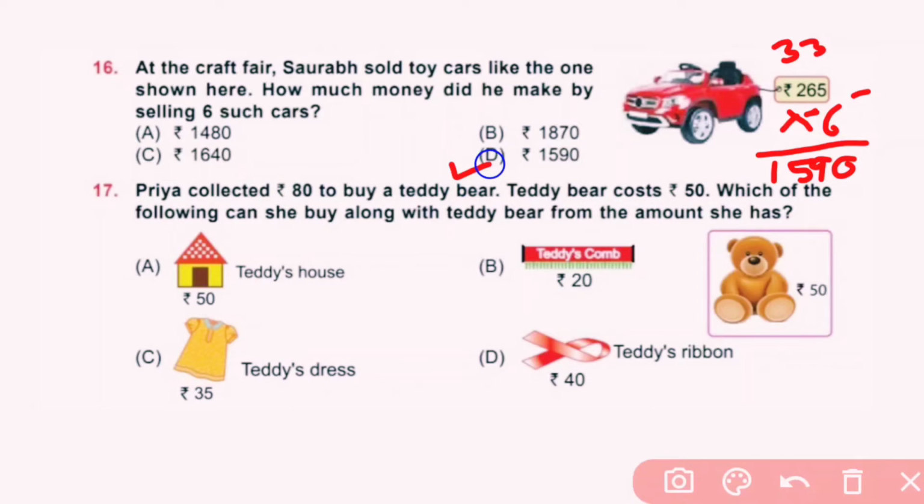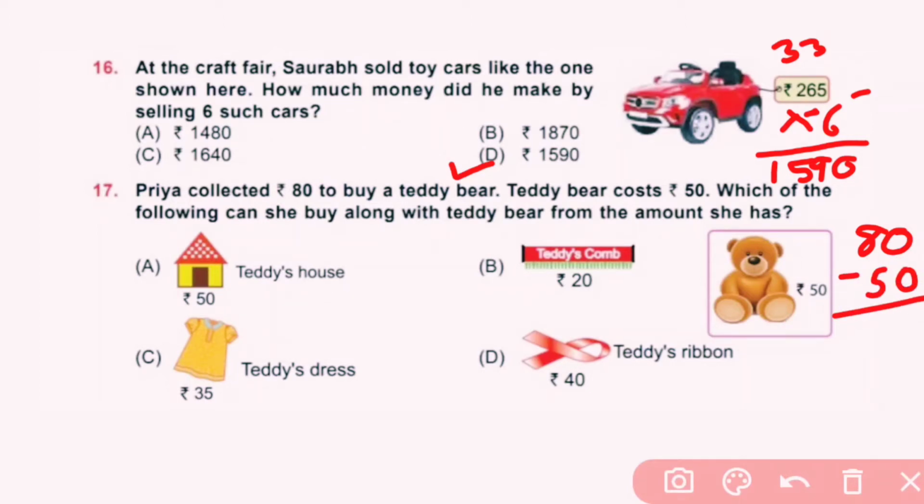Question number 17. Priya collected rupees 80 to buy a teddy bear. The teddy bear costs 50 rupees. Which of the following can she buy along with the teddy bear from the amount she has? So in total she has 80 rupees, and out of 80 she spent 50 rupees on the teddy bear.